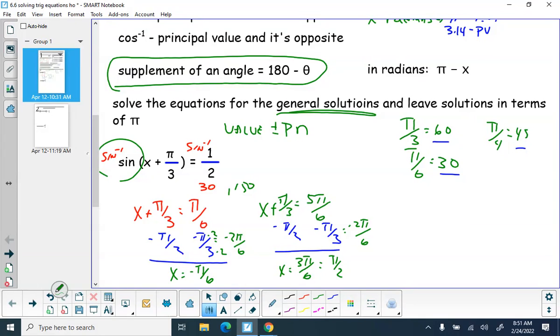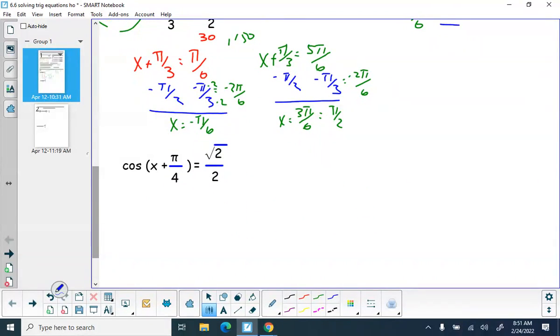Well, if we go back to dealing with our graphs, our b value here is 1. So the period here is 360, or 2 pi divided by 1. So we have plus or minus 2 pi, which would be our two general solutions.